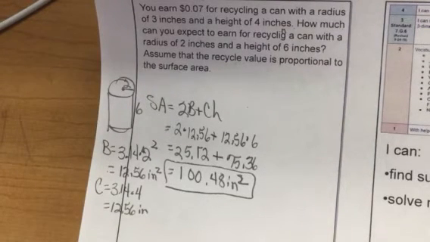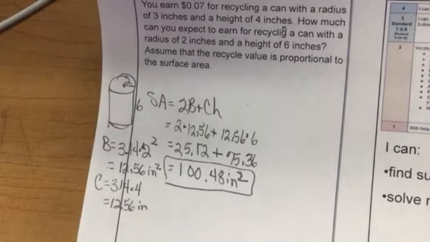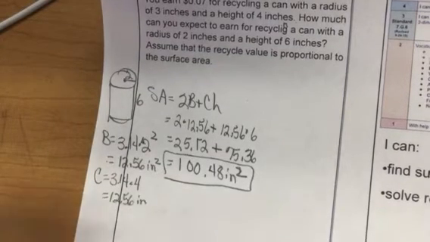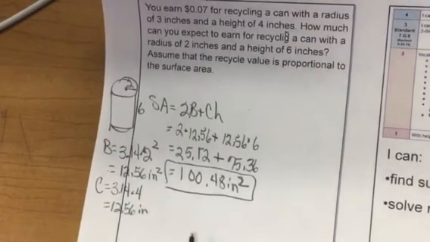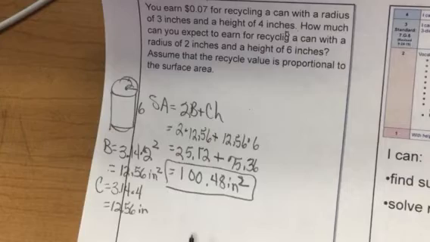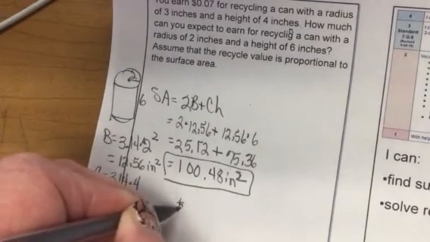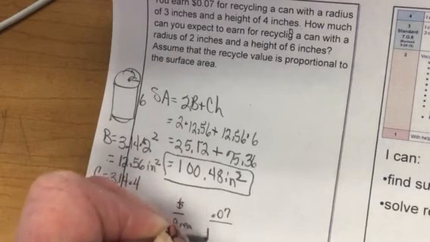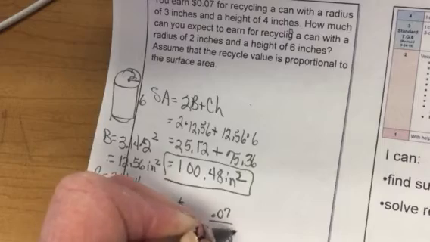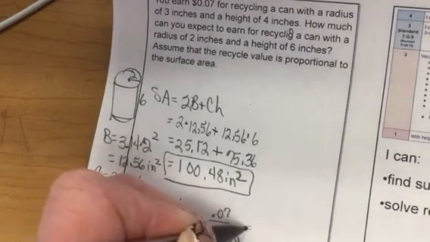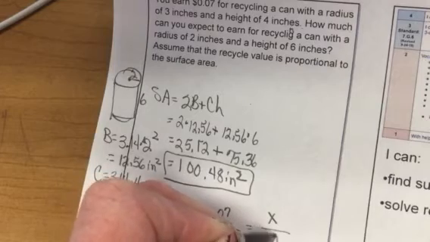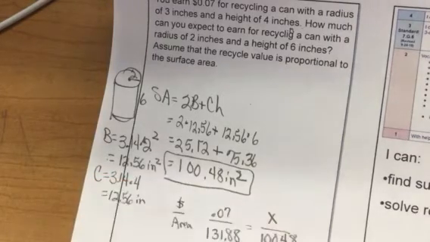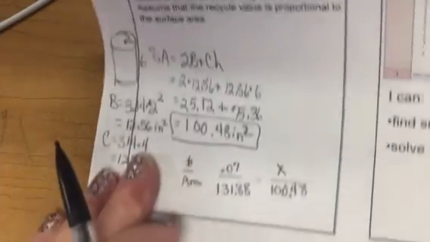Now, the first can's bigger. I get 7 cents for that can. What am I going to get for the second can? It's smaller, so I'm not going to get as much, but they are proportional. Proportional means I can write ratios, dollars to area. So 7 cents for 131.88 inches squared would be how much for 100.48? And how do we solve a proportion?